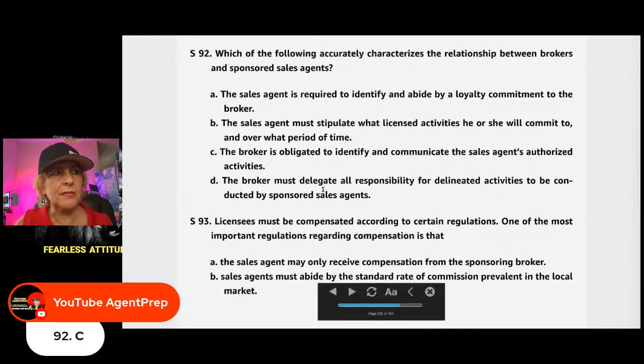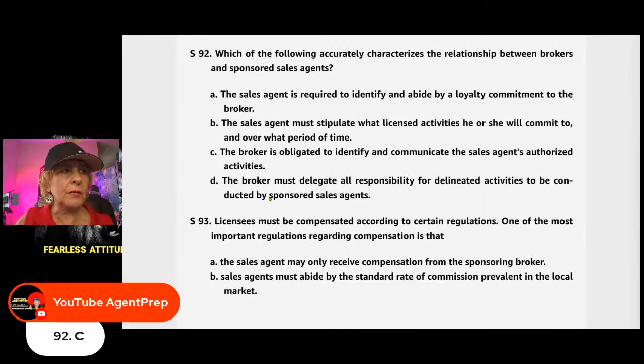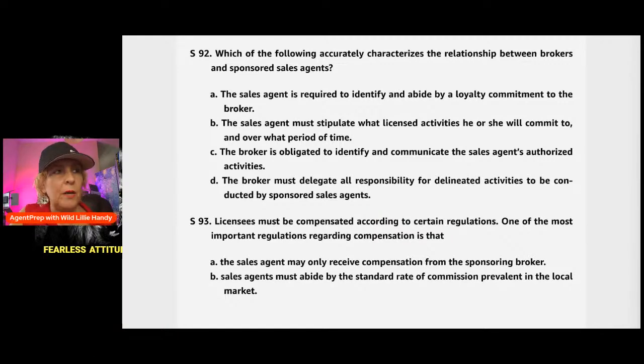So the broker doesn't delegate, okay? Look at the word must delegate on D. On B, it says must stipulate. Be careful with little keywords that say must. If they all have must, then one of them has to be correct. However, is it absolute? Must is like an absolute.